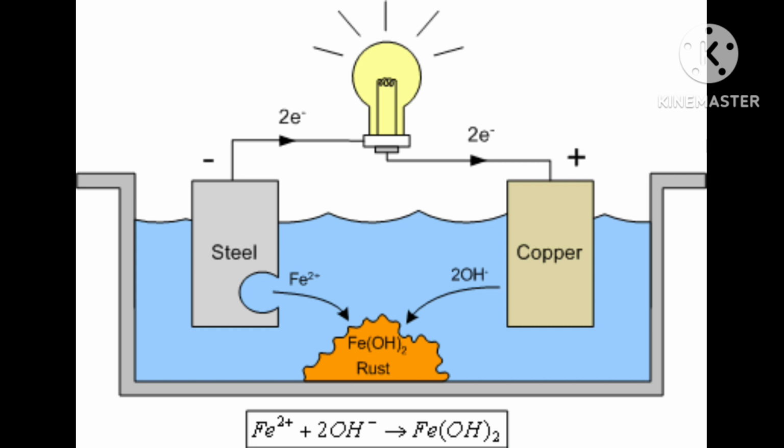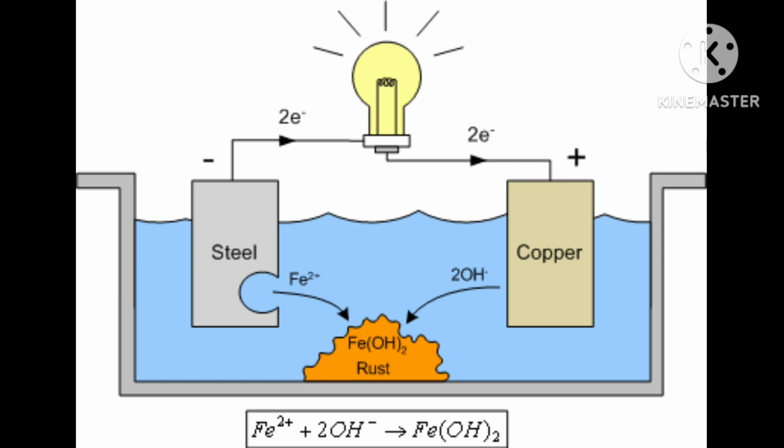And what will happen at cathode? At cathode where hydrogen is there, H+, the source of H+ is H2O or H2CO3.